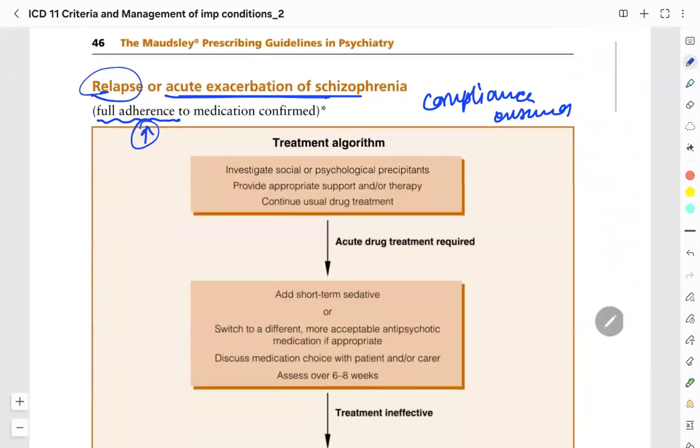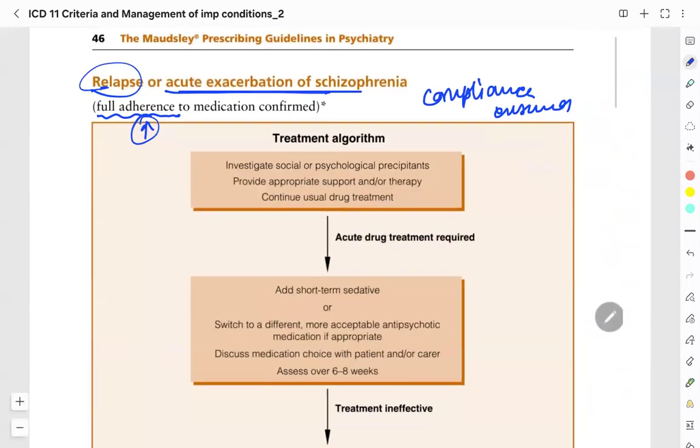Moving on: let's say there is relapse of symptoms or acute exacerbation of schizophrenia, and the compliance of the patient is ensured. How do you know the patient is compliant? It is given in the TRIPS criteria, Treatment Response and Resistance in Psychosis.